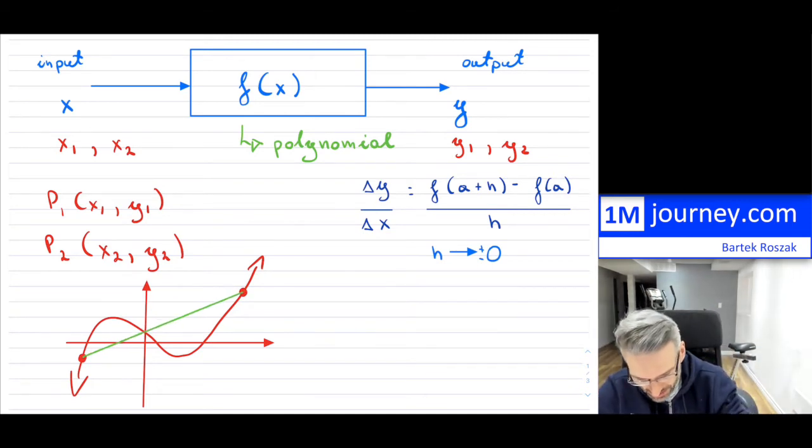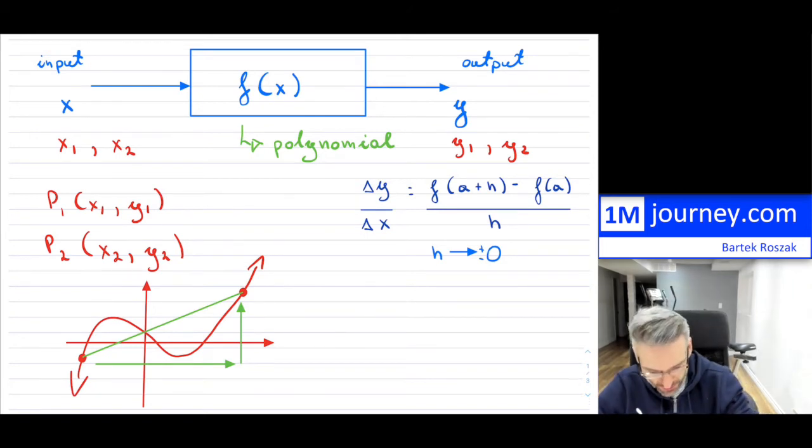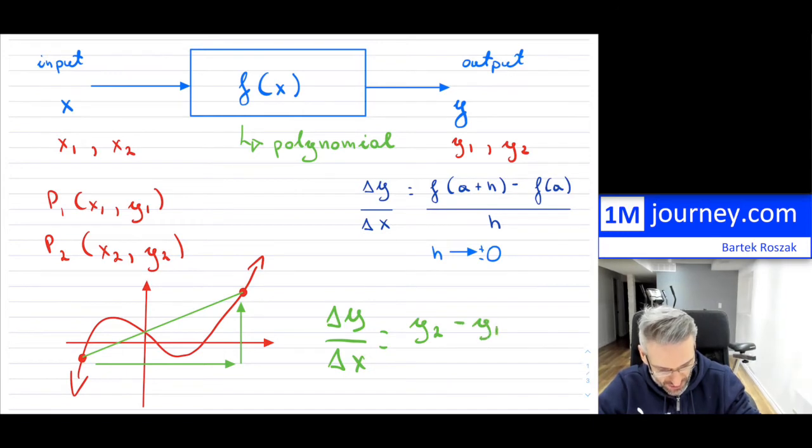Slope is the rise over the run, so it has a positive slope of some value. This is delta y, the change in y over the change in x, which is just rise over run, our old school slope. That's not a big deal.